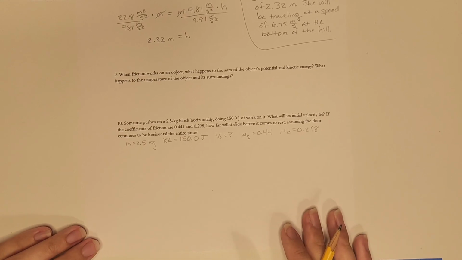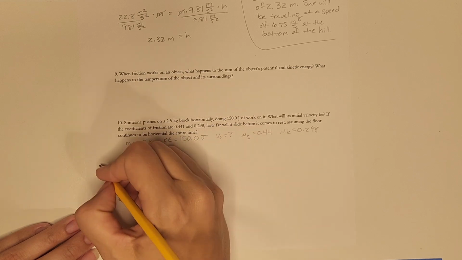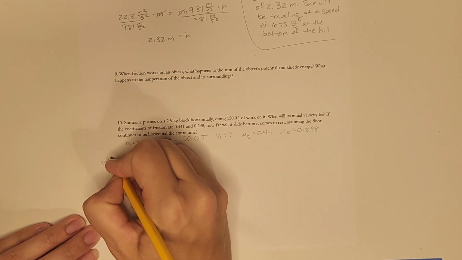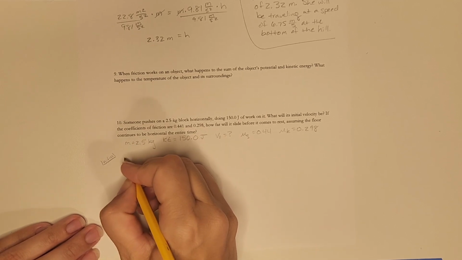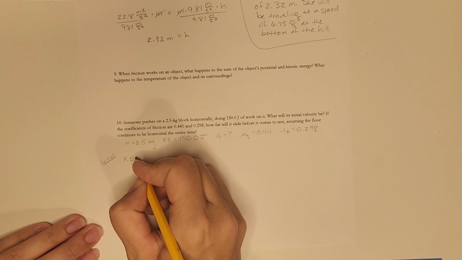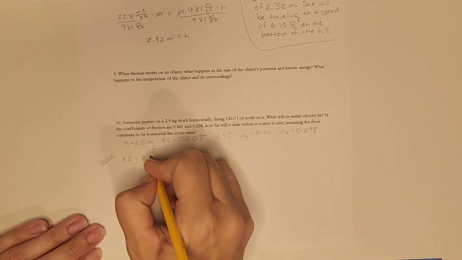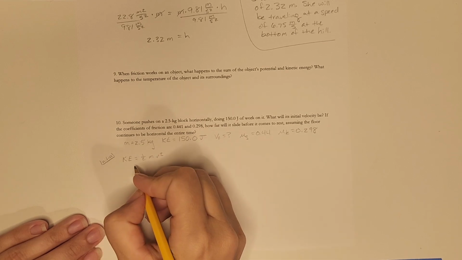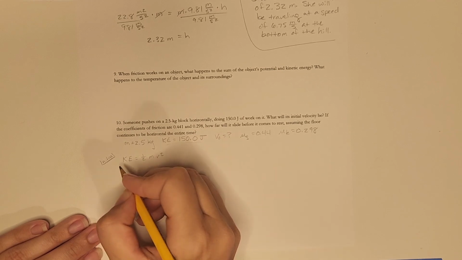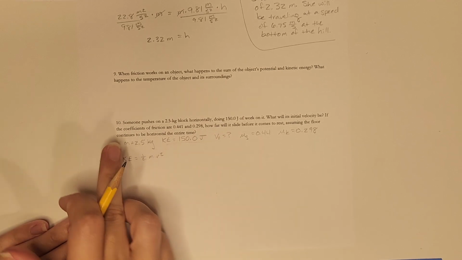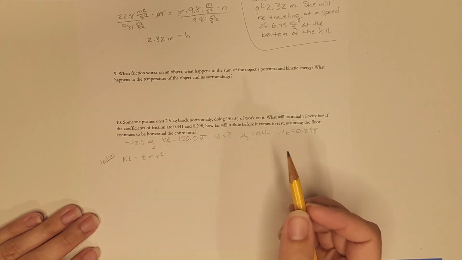So let's do what we have done before. Initially, our kinetic energy is going to be, of course, 1/2 mass times velocity squared. And we were given this kinetic energy, and we have the mass, and we don't know the velocity, right?